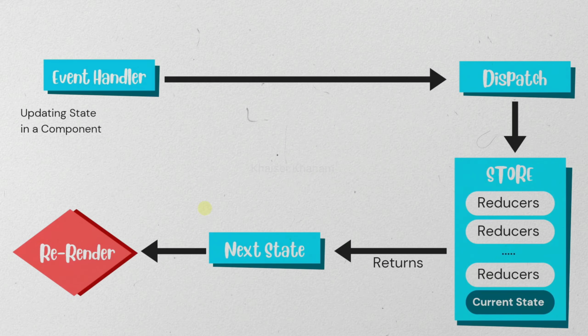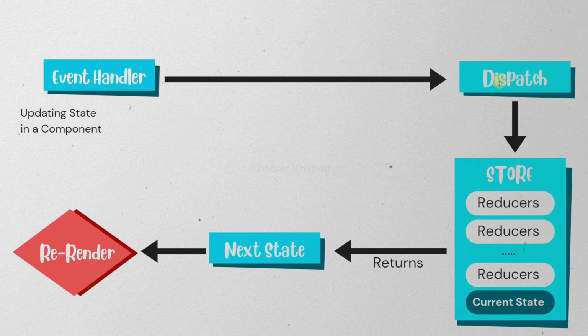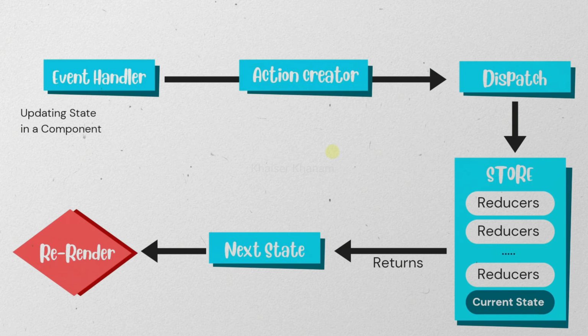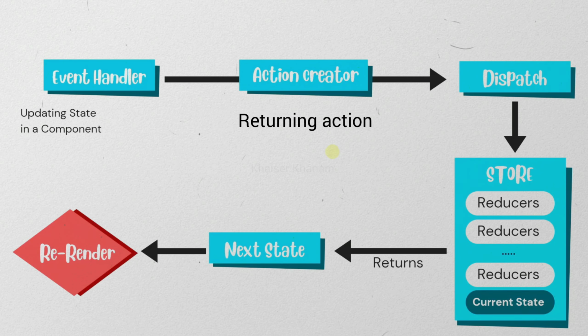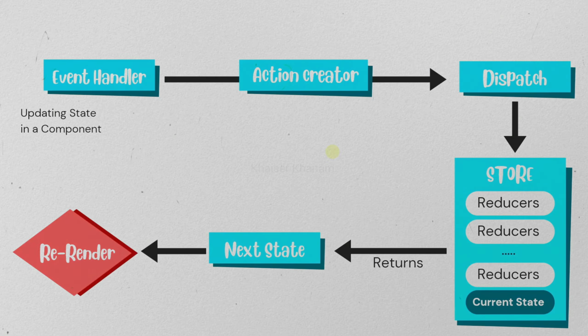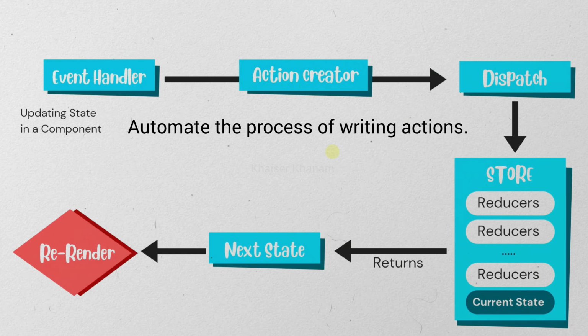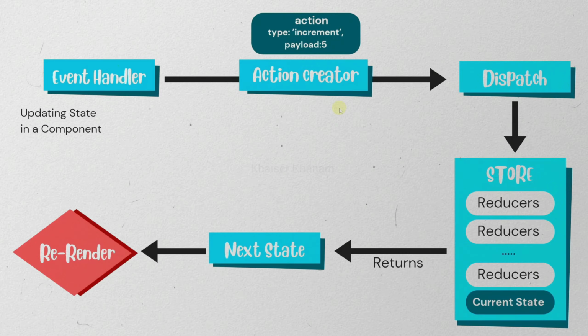And in the real world, whenever we use Redux, we do not pass the action directly inside the dispatch function. Instead, we create an action creator which returns the action for us, and this action creator automates the process of writing actions. Inside this we simply return our action.